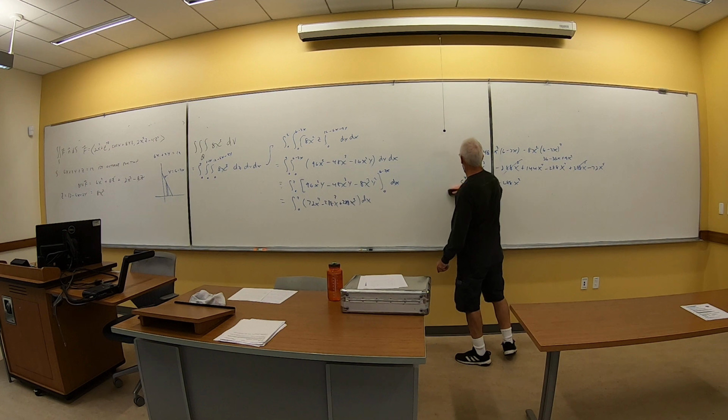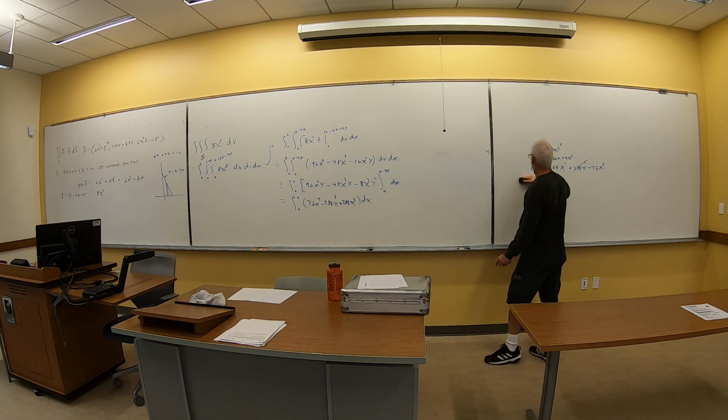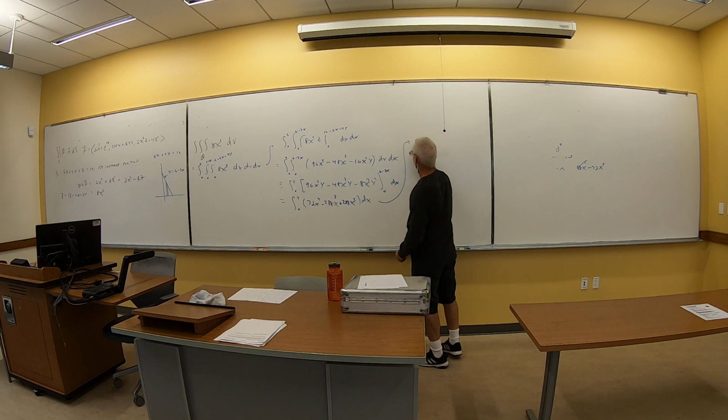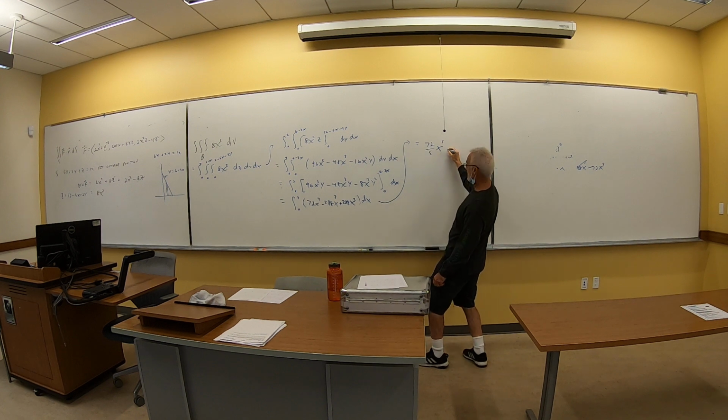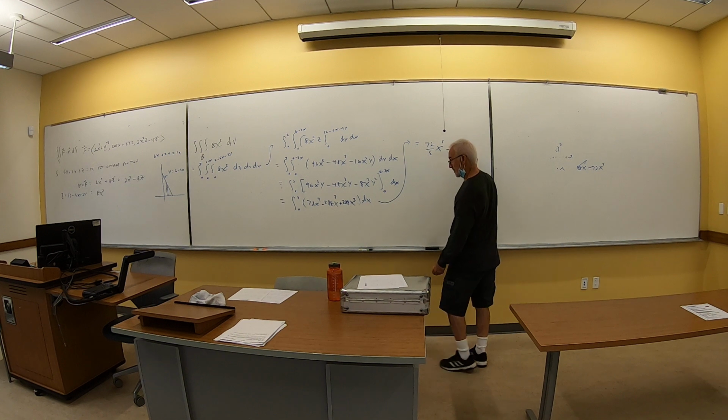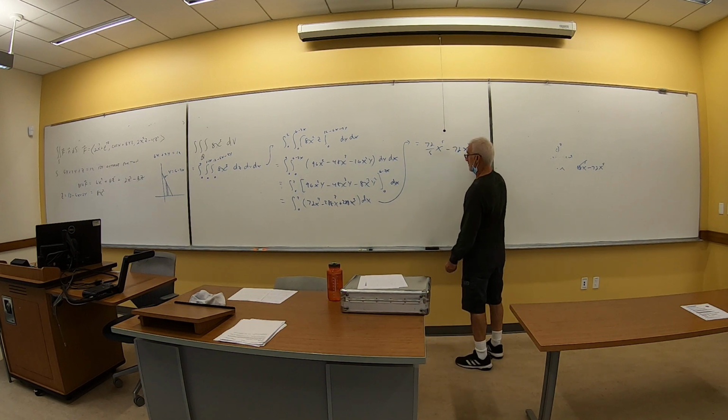So let's finish this up. So what do we got? 72 fifths x to the fifth minus 72x to the fourth plus 96x to the third, from 0 to 2.